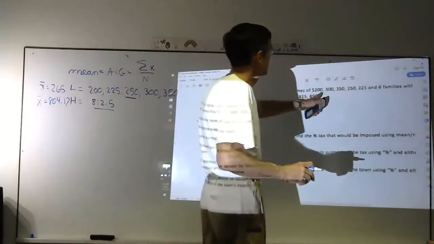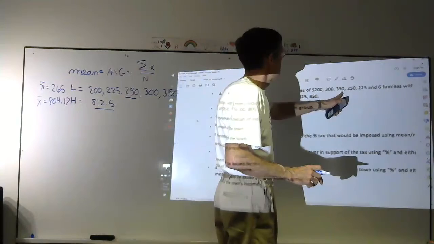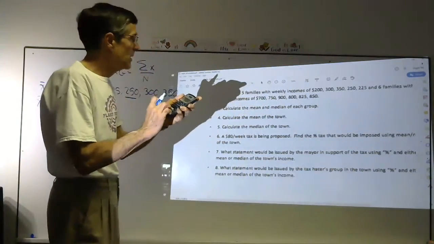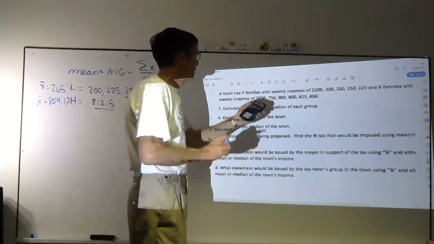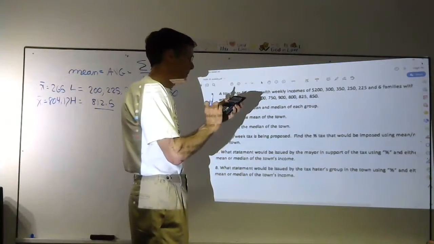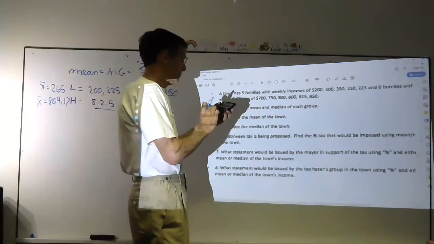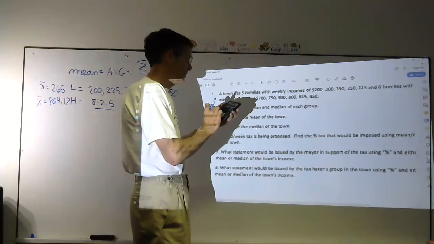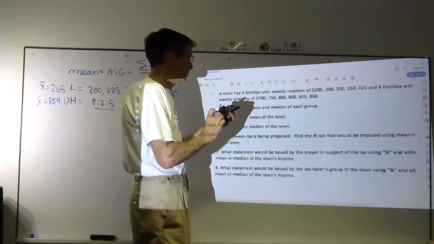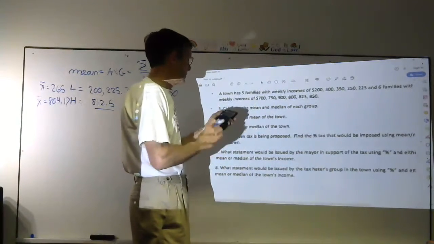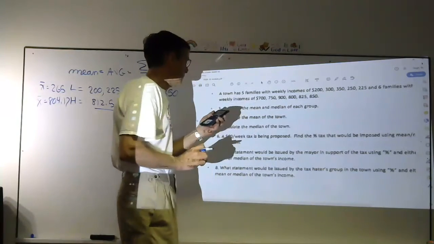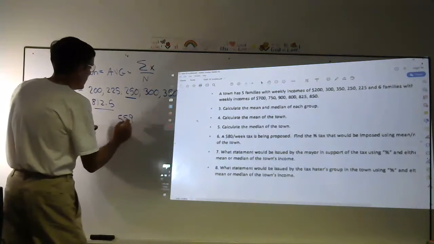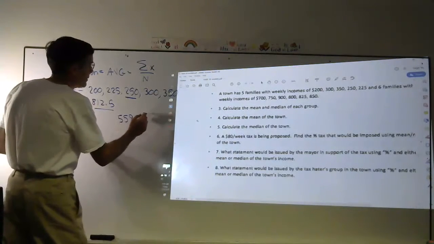The first one was, when we added these up, 850, 1,100, 1,325, add those up, plus 1,450, plus 1,700, plus 1,675. Grand total divided by, and there are 11 total families, so I get 559 is the X bar for the town.